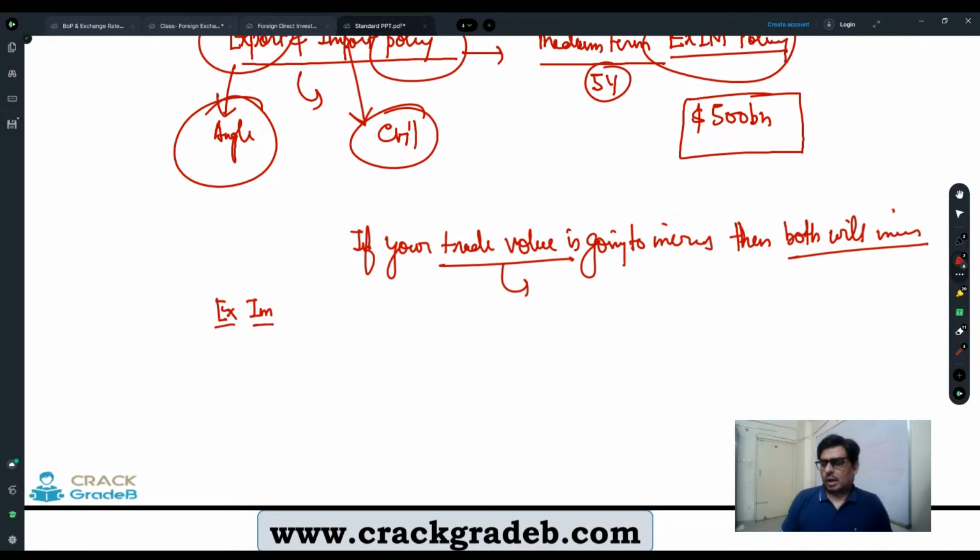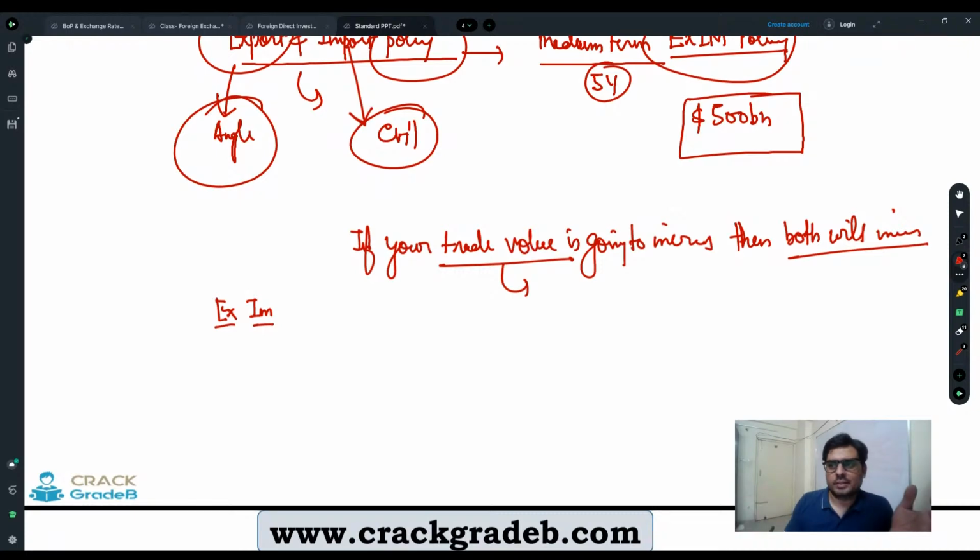Once our manufacturing capacity increases, for the purpose of manufacturing, we need raw material, certain expertise, and certain capital. Maybe that capital is coming from another country, fine, that is an investment. But for raw material, not all raw material is available in your country.